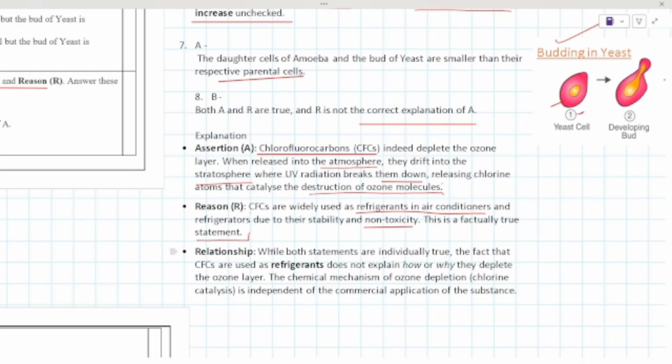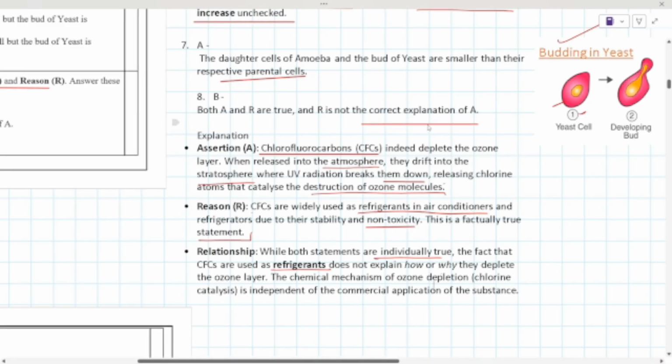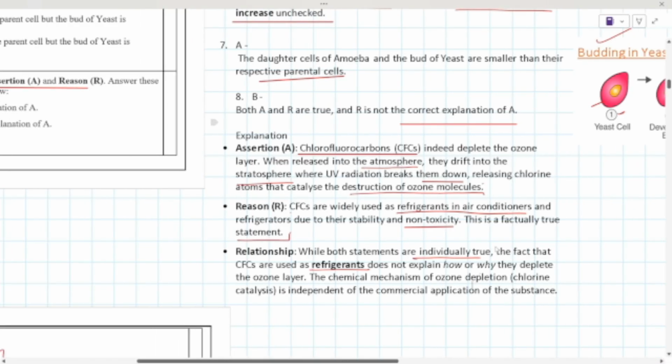While both statements are individually true, the fact that CFCs are used does not explain how or why they deplete the ozone layer. The chemical mechanism of ozone depletion, by chlorine, is independent of the commercial applications of this substance. That's why here R is not correct for A.